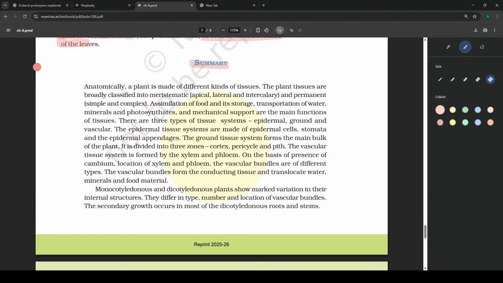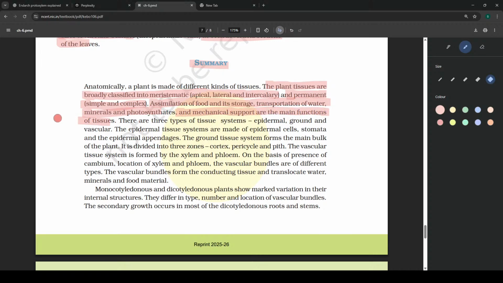Assimilation of food and its storage, transportation of water and minerals, photosynthesis, food transport, and mechanical support are the main functions of tissues.